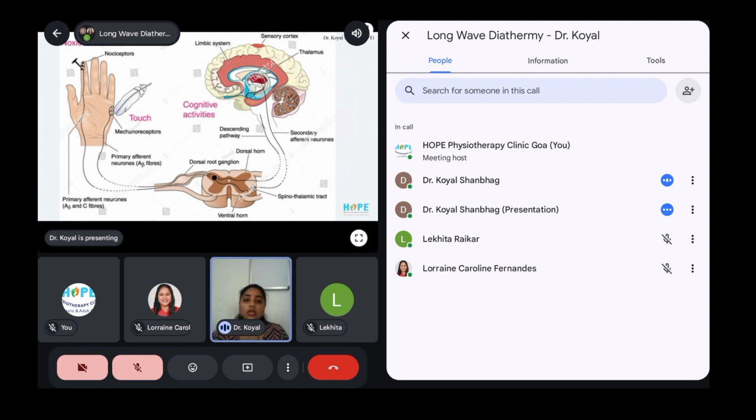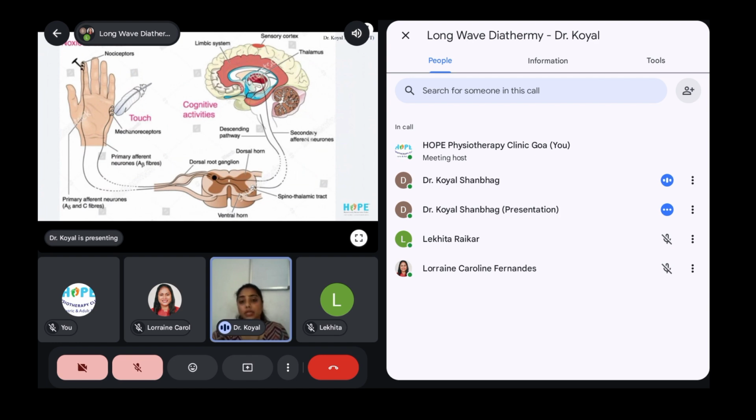The large nerve fibers carry sensations like vibration, touch and proprioception. And the small nerve fibers carry sensations like pain and temperature. They even help in sending autonomic signals to the internal organs.